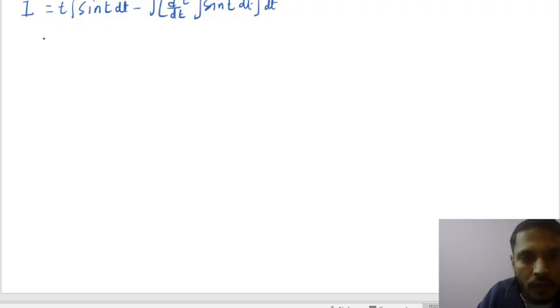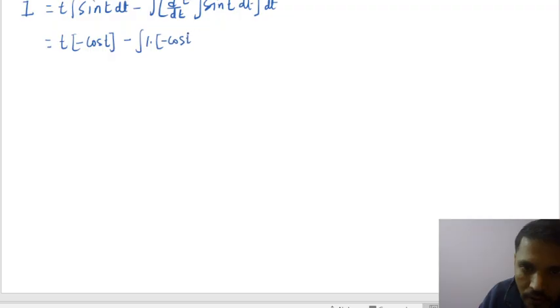Now t as it is, and the integration of sine is minus cos t. Minus integration of the derivative of t, which is 1, and the integration of sin t is minus cos t, so it is minus cos t into dt. From here it is minus t cos t.